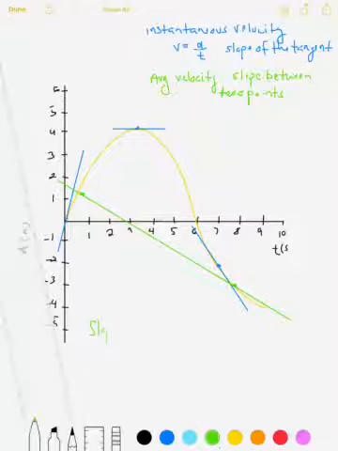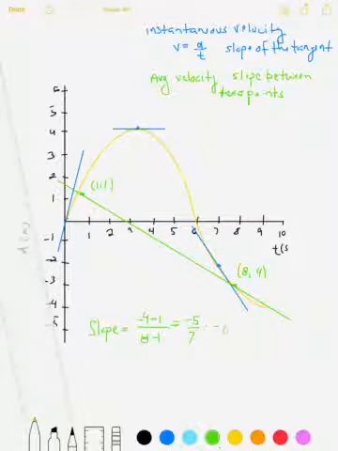So to calculate the slope, it's the change in y over the change in x. So we have maybe 1, 1, and 8, -4. So we have -4 minus 1 over 8 minus 1 gives us -5 over 7.